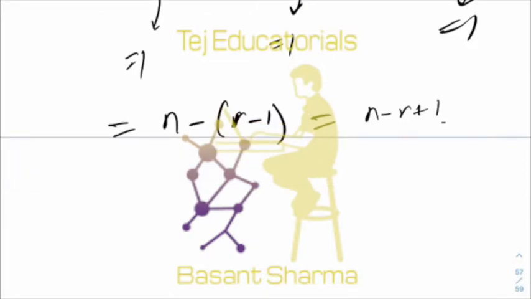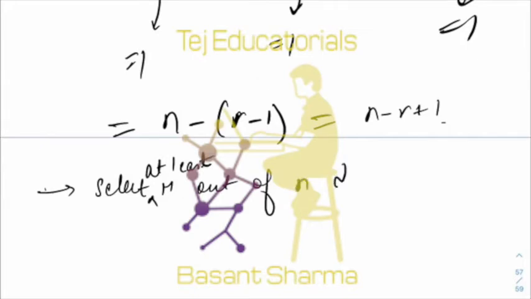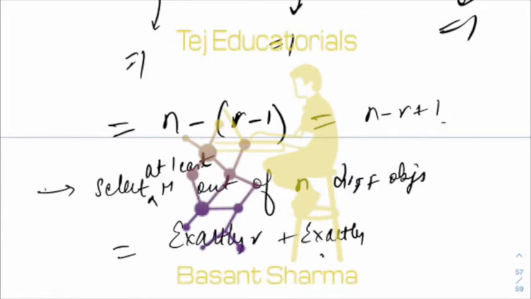Now, if I ask what are the number of ways of selecting at least r out of n different objects, then by the above logic, it would be either you select exactly r or exactly r plus 1 and so on till exactly n.